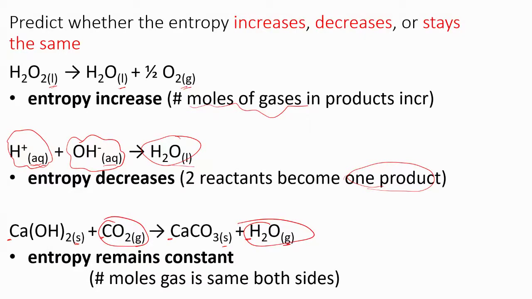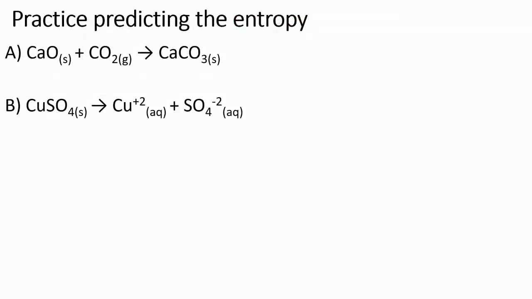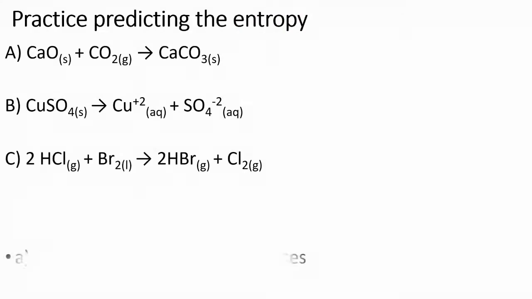So this reaction does occur, but it does not change the overall entropy. All right, so what I'd like for you to do is pause the video and try these next problems, and then come back and let's check our work.